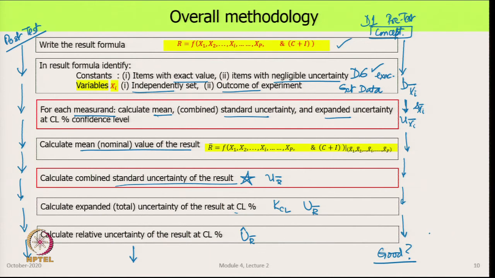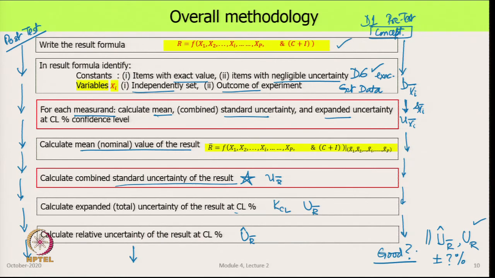There could also be a case where we have to go the other way around, where we have said that our final result uncertainty is specified. So, u hat r bar or u r, these are specified, and we are asked, this is the setup, what instrument should I use and how many times should I do the experiment, so that I get a result within plus minus so much percent, which is what this is.